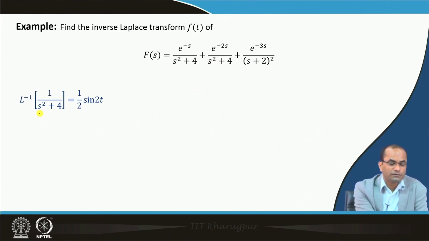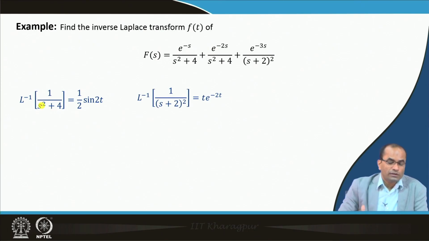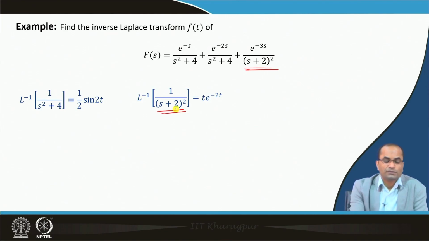The Laplace inverse of 1/(s²+4) is half sin 2t, because one can multiply by 2 there and divide by 2 there. This is exactly sin 2t, and the half has to be there. Second, we need the Laplace inverse of 1/(s+2)².